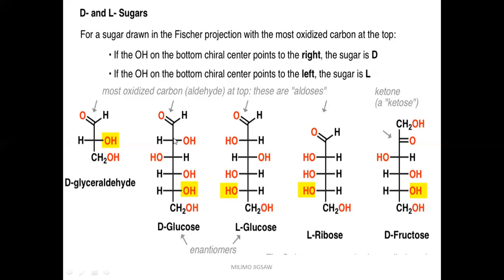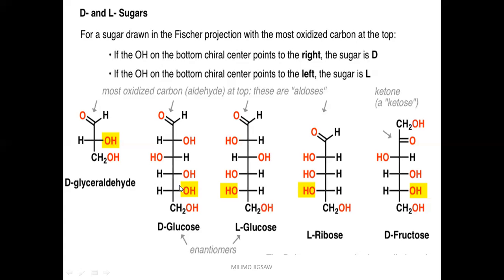For example, glucose: this is carbon 1, carbon 2, carbon 3, carbon 4, carbon 5. Glucose has 4 chiral carbons. So we look at the position of the OH at the most bottom chiral carbon. In the case of glucose, the most bottom is carbon number 5.